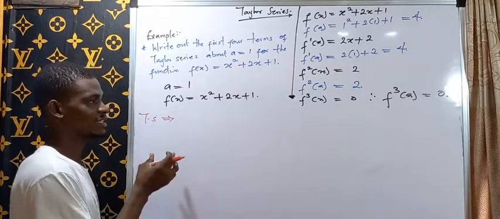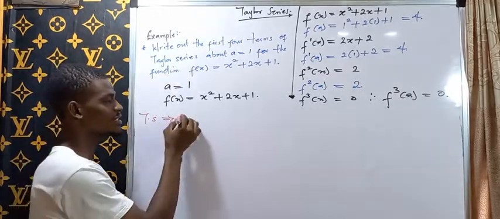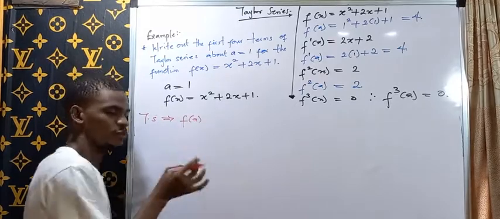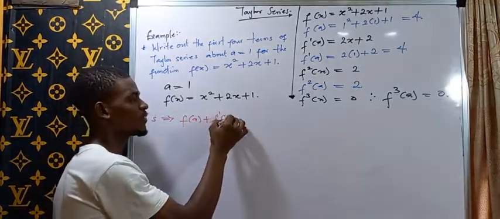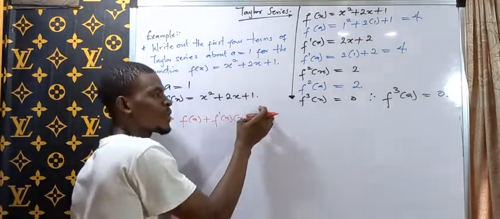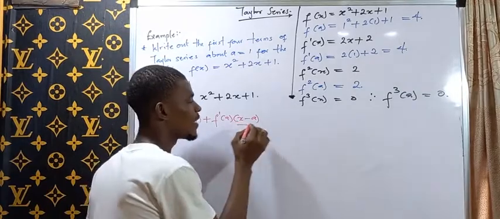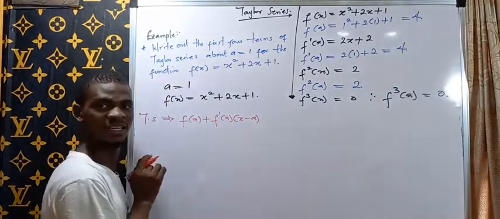since the 0 factorial and 0 cancel out, then I can say that Taylor series is f of a, not differentiated at all, plus f prime of a into x minus a raised to power 1. Anything raised to power 1 is still that thing, over 1 factorial. 1 factorial is still 1. So what is there is just like this.